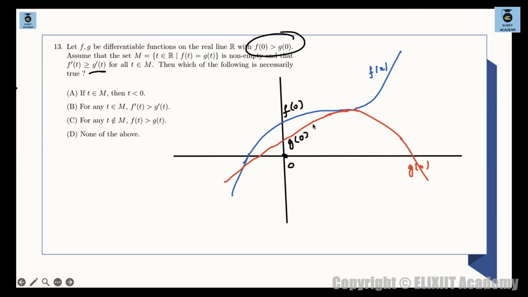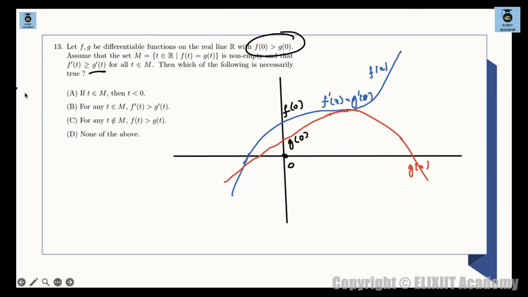And also, these graphs are intersecting somewhere and f dash of t is greater than or equal to g dash of t in most of the places. At some point, you can see at this particular point, f dash of x is equal to g dash of x.